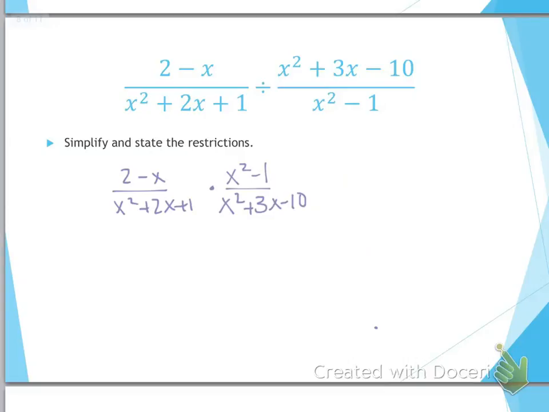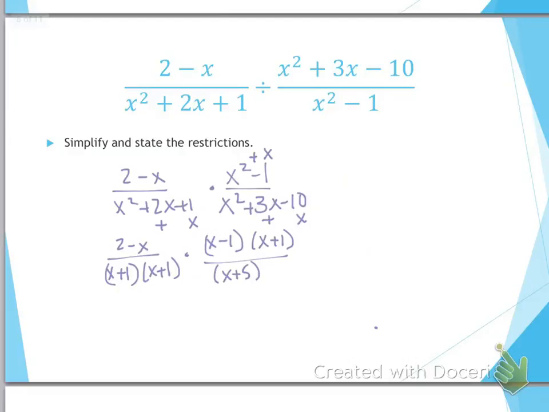Okay, so now we have to go ahead and do our factoring. So it multiplies to get me 1, adds to get me 2 here. It is going to be x plus 1, x plus 1. What multiplies to get me negative 1 adds to get me a 0, so x minus 1, x plus 1. What multiplies to get me negative 10 adds to get me 3, x plus 5, and x minus 2.